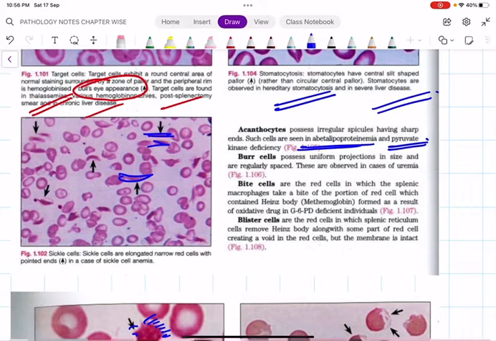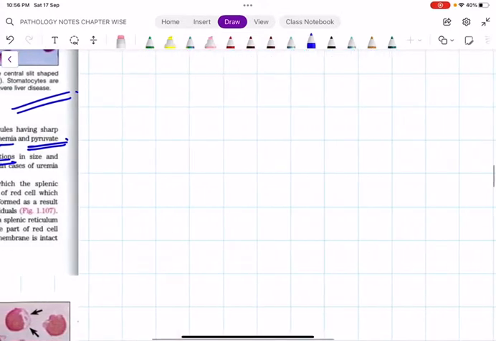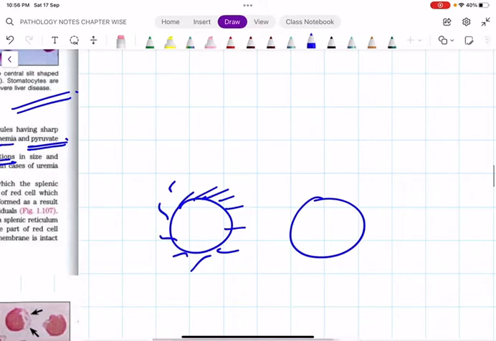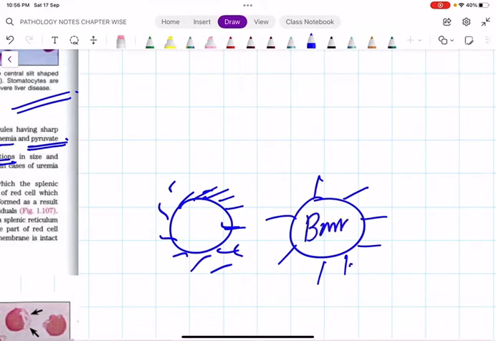We have something called Burr cells. Burr cells means these projections are uniform in size. For example, I am drawing two cells like this. If the projections are irregular like this, this is acanthocytes. If they are uniformly spaced, this is Burr cells. Burr cells are seen in uremia.